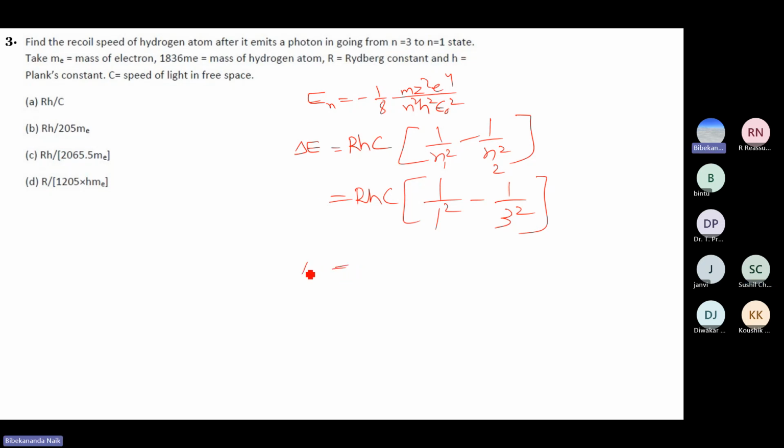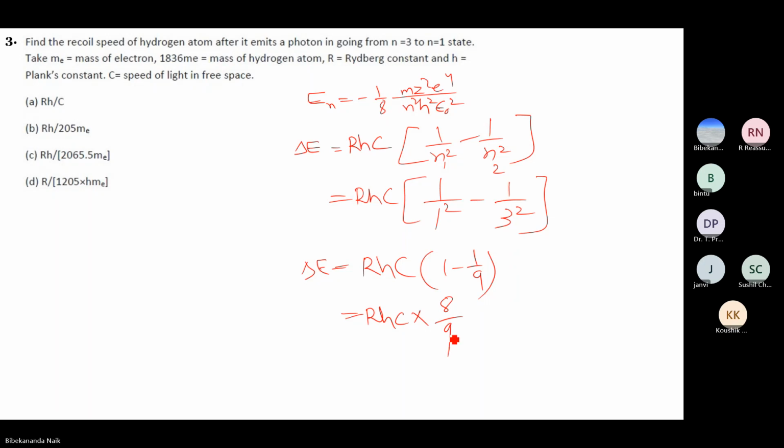If you solve it, the energy of the photon you will get is Rhc into 1 minus 1 by 9, which equals Rhc into 8 by 9. So this is the photon energy.